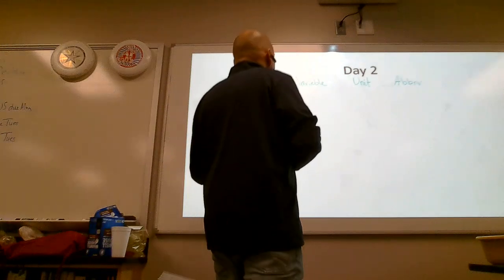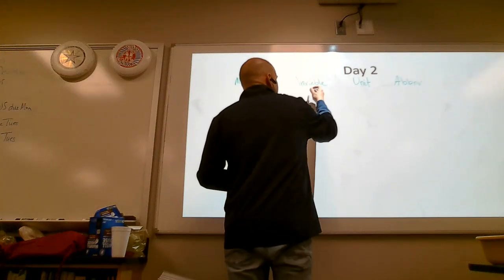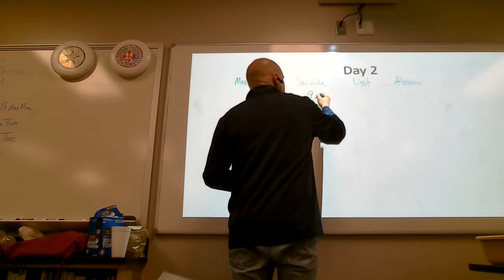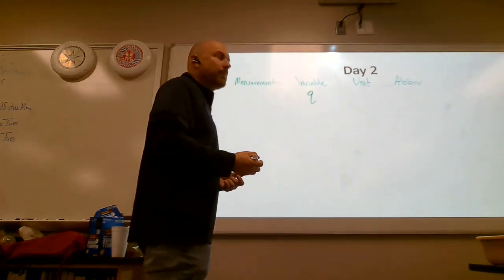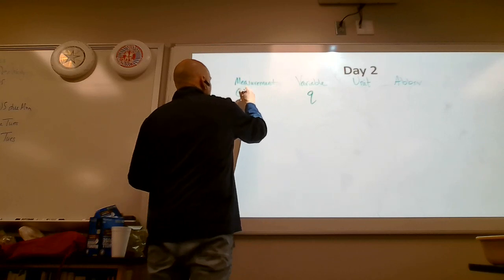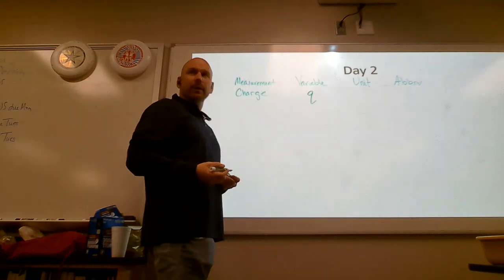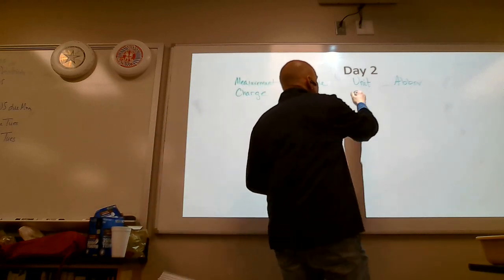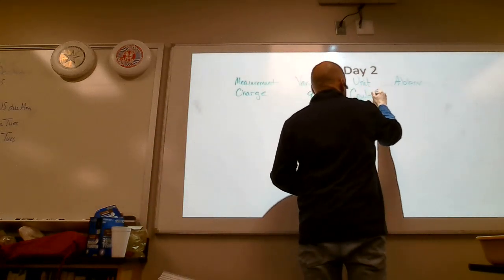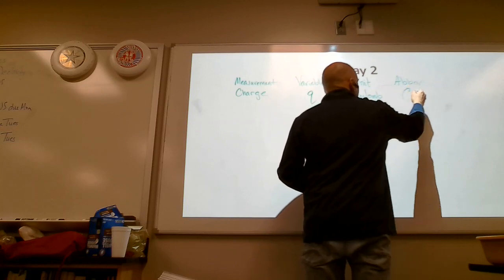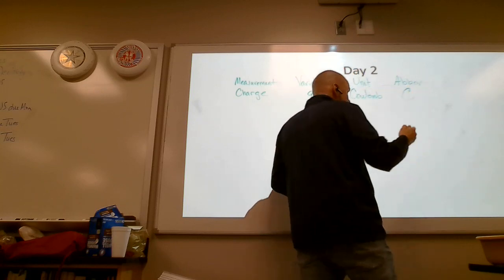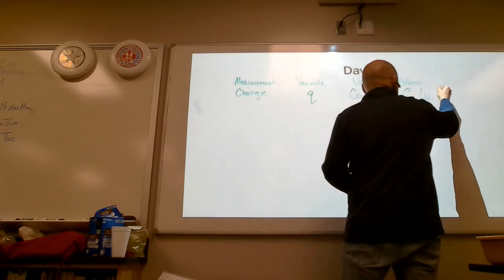So what do I mean by that? You're looking at the equation sheet and you're like, man, I see Q all over the place. That's a variable. The measurement that it represents is charge. The unit that charge is measured in is coulombs. Abbreviation of that is a capital C, sometimes seen as microcoulombs.